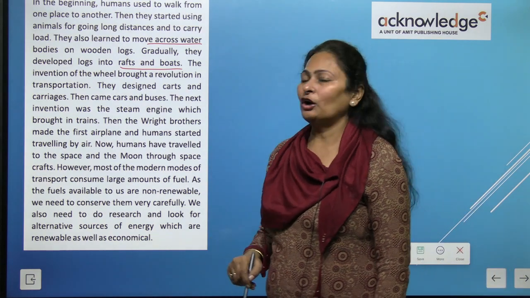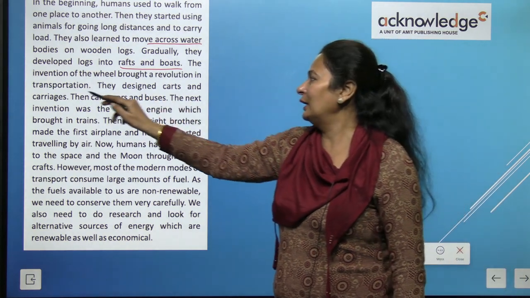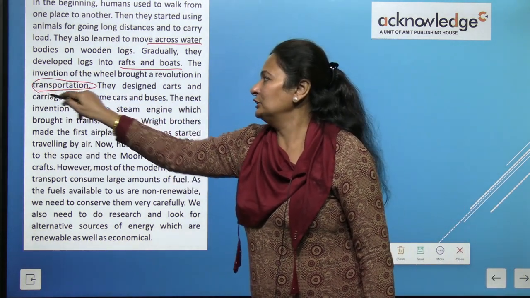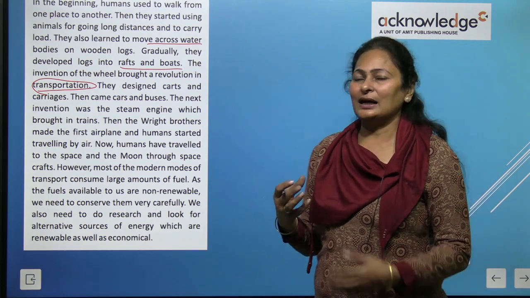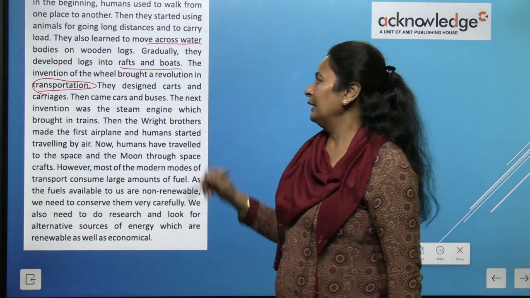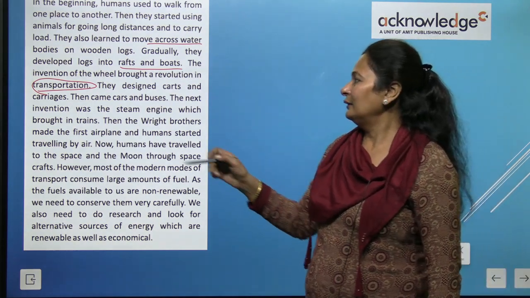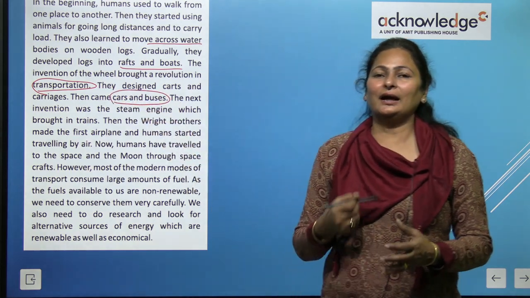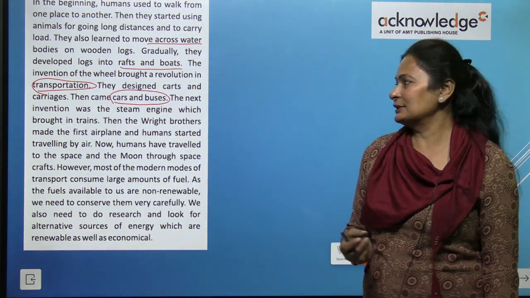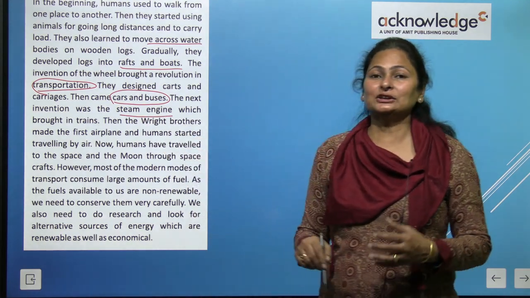The invention of the wheel brought a revolution in transportation, which we already discussed in the transportation chapter. They designed carts and carriages, and then came cars and buses. The next invention was the steam engine.